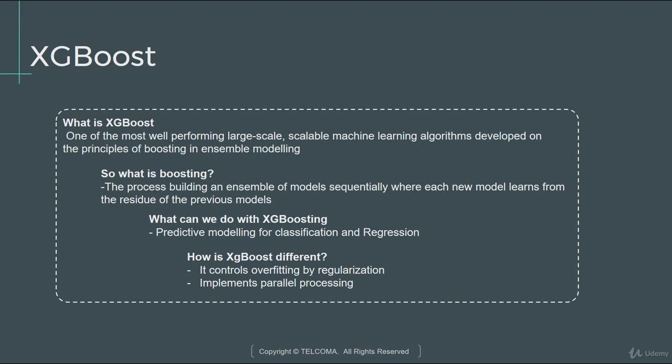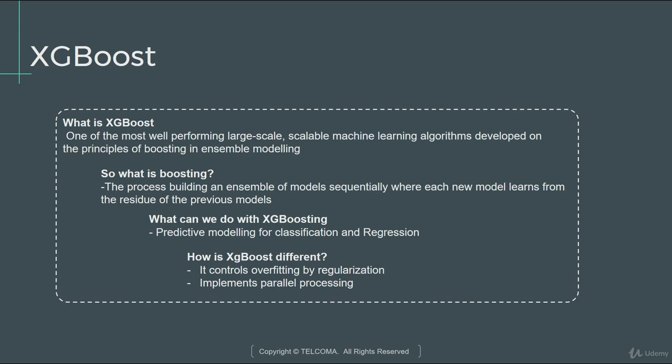Second, and the biggest USP, is that it controls overfitting by regularization. Now, boosting is a technique used when you have underfitting. Underfitting is a scenario where you have a model which performs badly on your training dataset as well as your test dataset. So you boost each model. One model learns from the residue of the previous model, and the process creates a powerful learner.